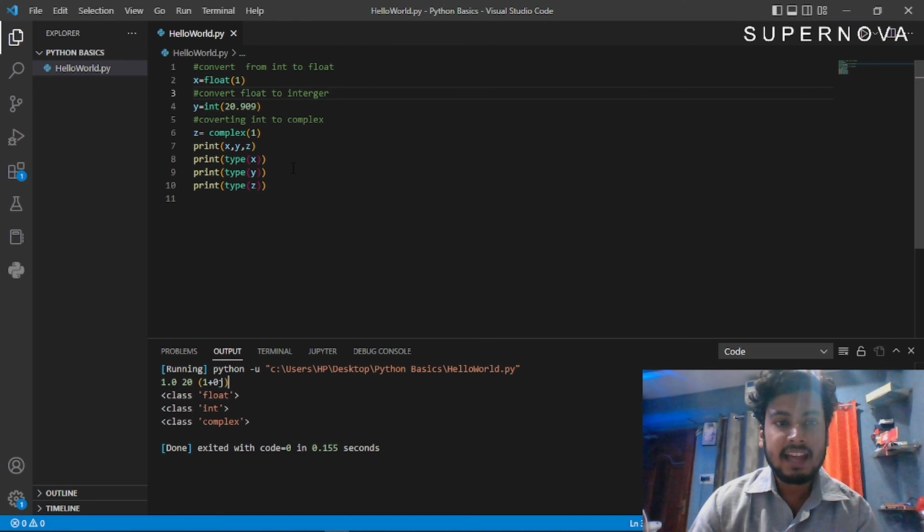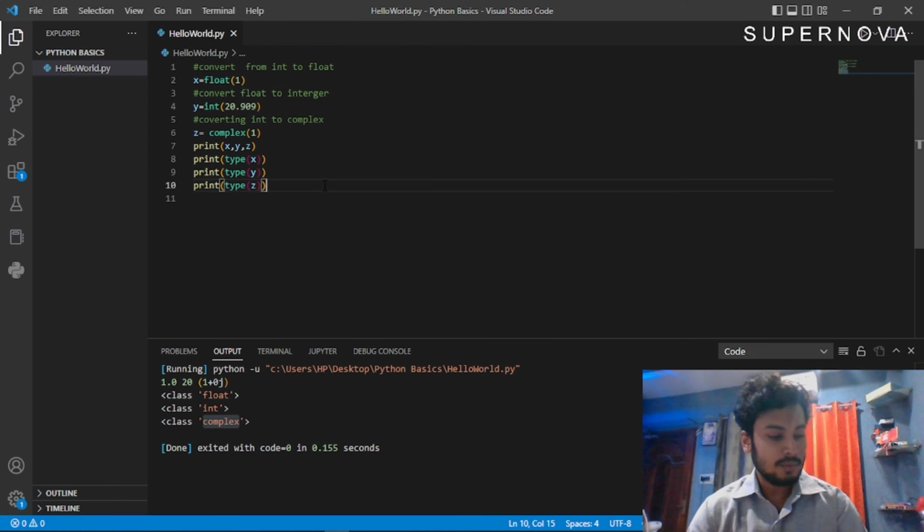And the next part is, we had 1 which is an integer and we had converted it into a float, and this is float. The second part is integer because it is 20, not 20.909, and the third part is a complex number, which means z, which was 1 at first, is now a complex number, which is 1 plus 0 multiplied by j. Clear?